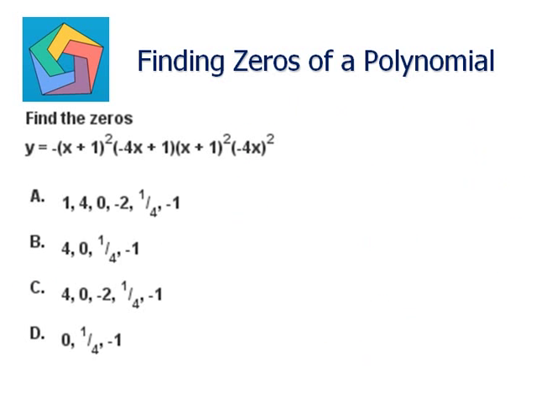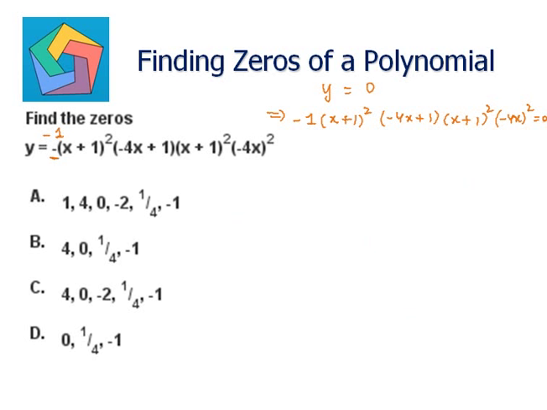Next problem. Find the zeros. y is equal to negative of (x plus 1) squared times (negative 4x plus 1) times (x plus 1) squared times negative 4x squared. y is equal to 0 implies, this negative I can write as negative 1 as well, negative 1 times (x plus 1) whole square times (negative 4x plus 1) times (x plus 1) squared times negative 4x squared is 0.